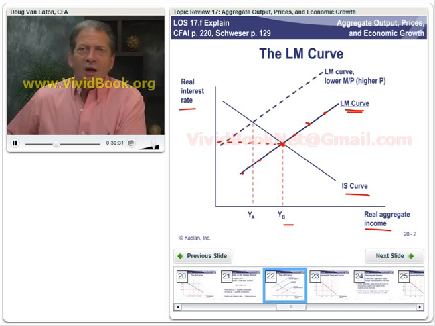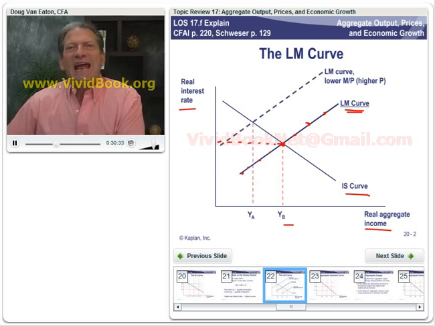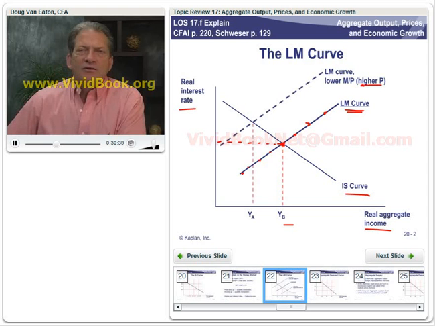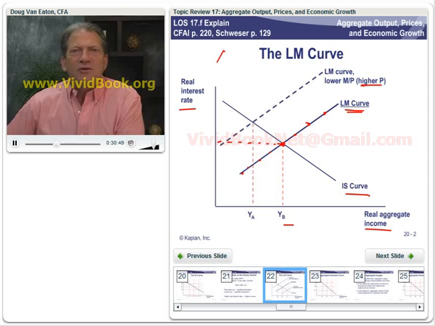So now the story is, in order to get the aggregate demand curve, we're going to plot the LM curve, these money market equilibrium pairs, at a higher price level. We said the real money supply was M over P, price level up, this whole thing goes down.